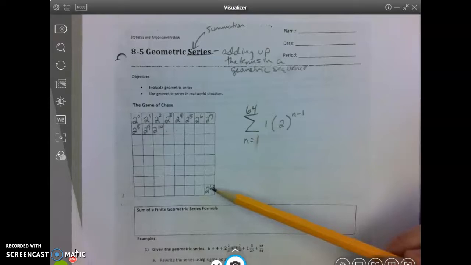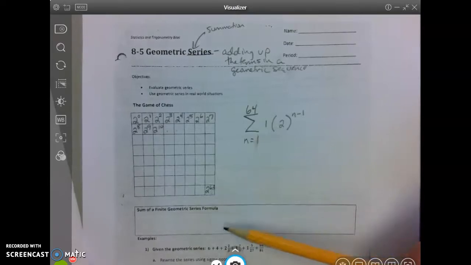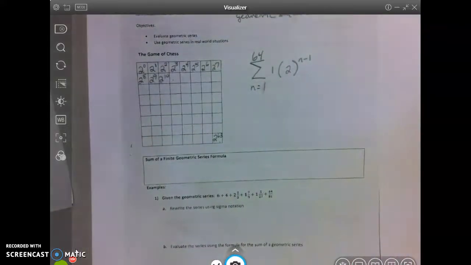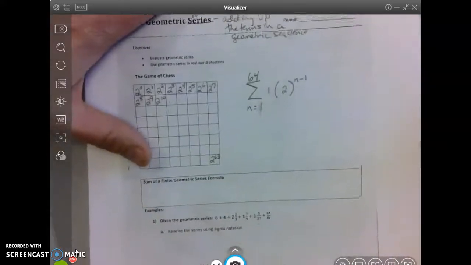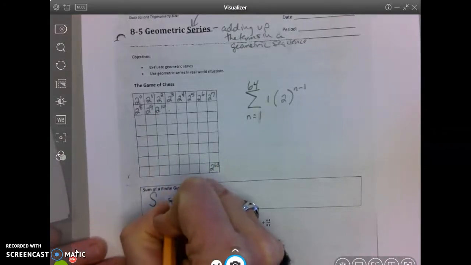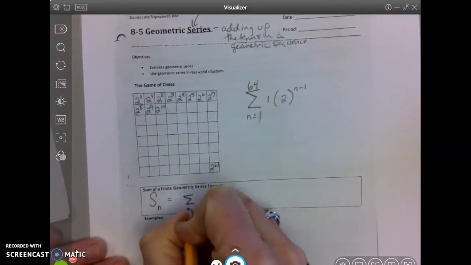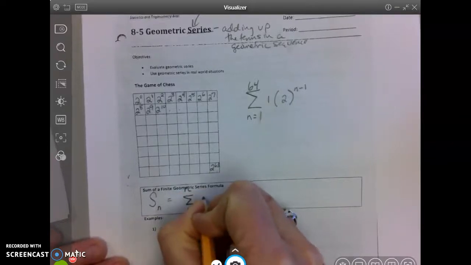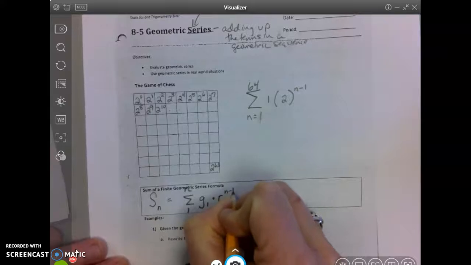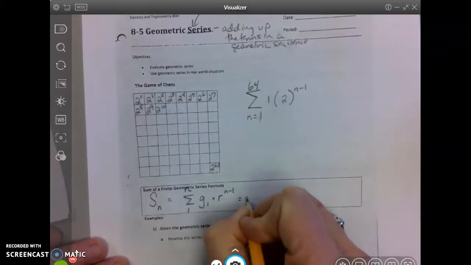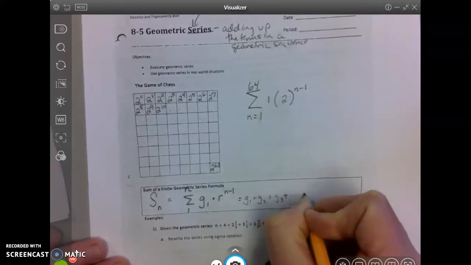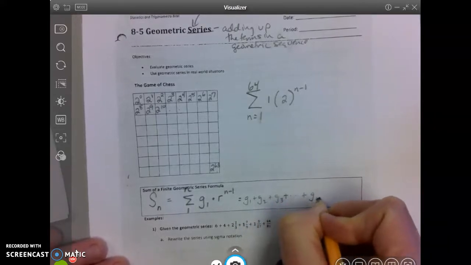So just like I did with arithmetic series, I'm going to need a formula for a finite geometric series. And so my formula for that is going to be S sub n is the sum from 1 to n of g sub 1, the first term, times r to the n minus 1, which is g sub 1 plus g sub 2 plus g sub 3, all the way to g sub n.